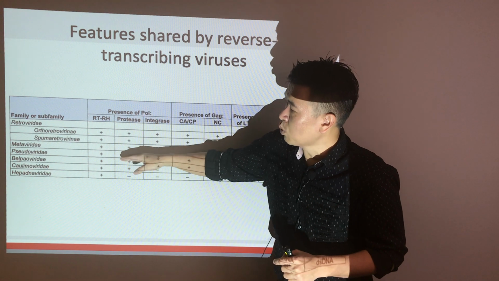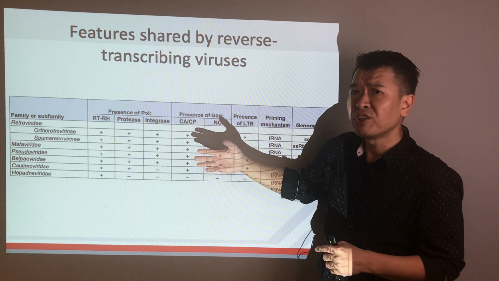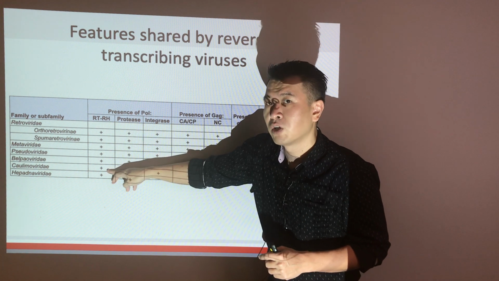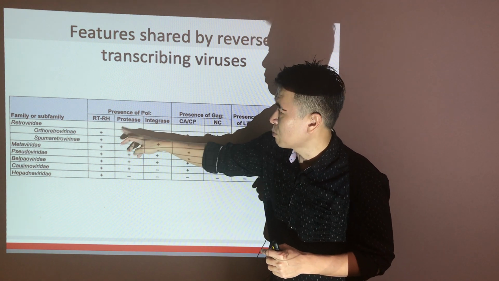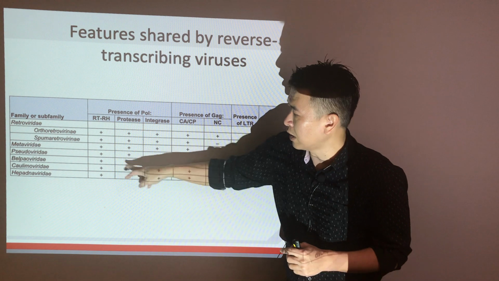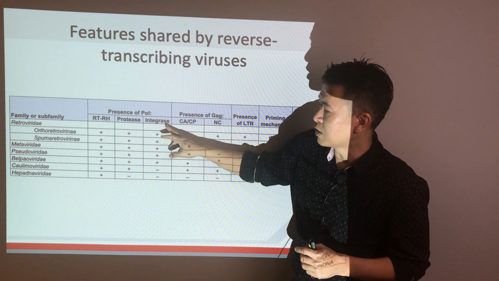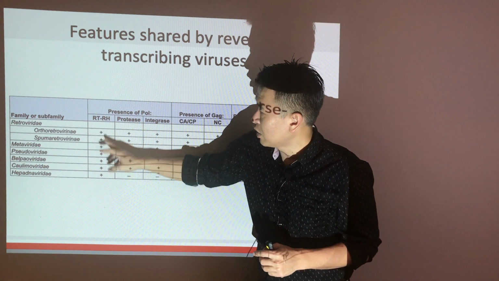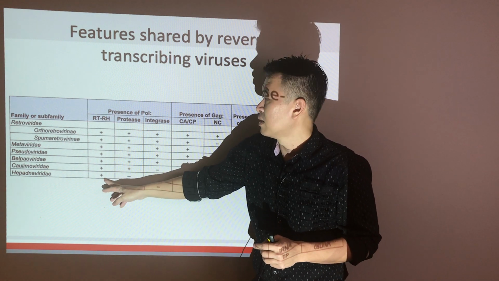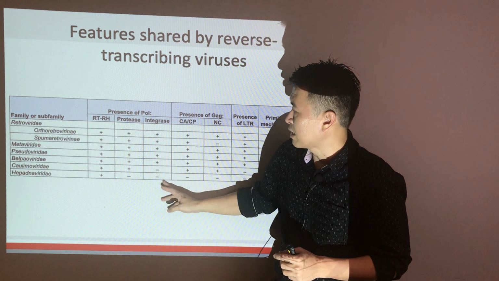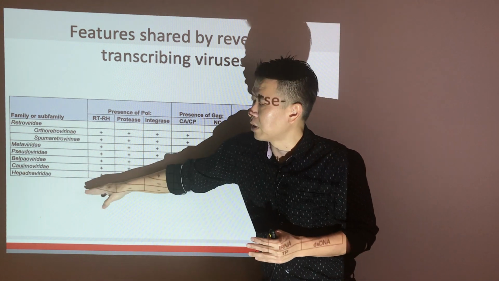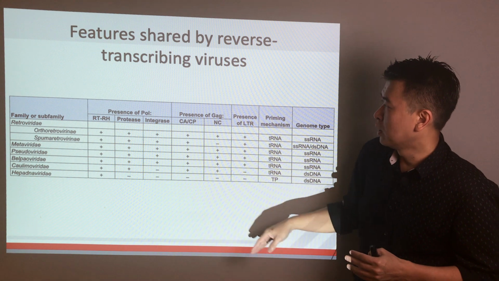In most of the Ortervirales, all of them have RT, reverse transcriptase, RNase H, and protease, and only the Calimoviridae doesn't have integrase, but the rest of them have it. However, Hypanaviridae only have reverse transcriptase. They don't have protease and don't have integrase. This is enough to separate the Hypanaviridae out from the group.